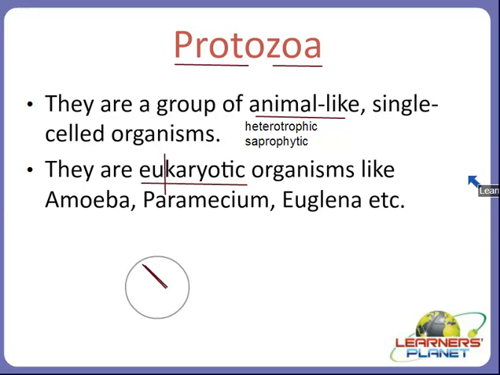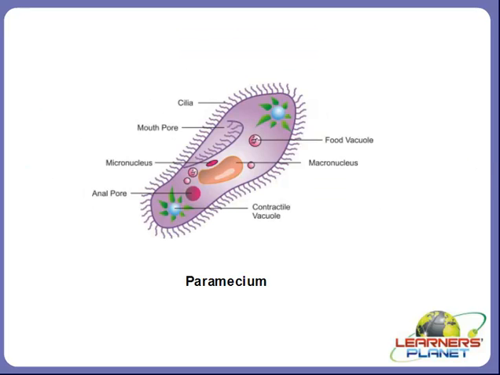For example, Plasmodium is an organism which causes malaria in human beings, and it is found in the saliva of the mosquito. Which mosquito? It is the female Anopheles. We can understand these particular examples in another interesting way with the help of these diagrams.